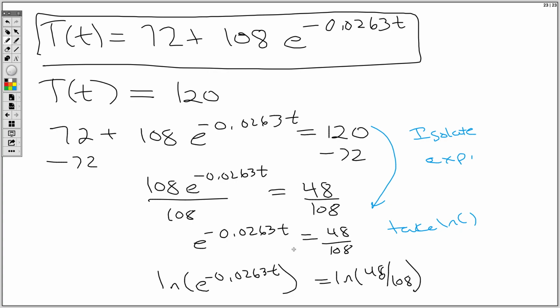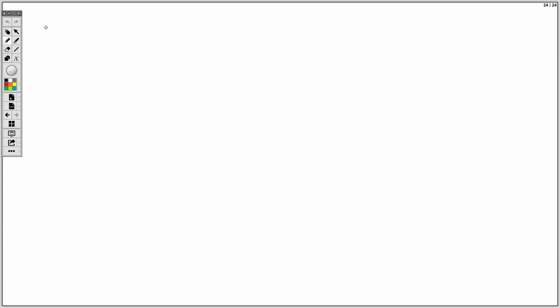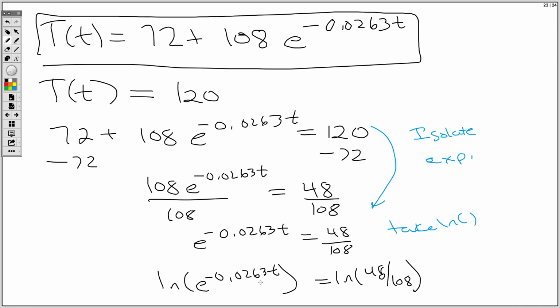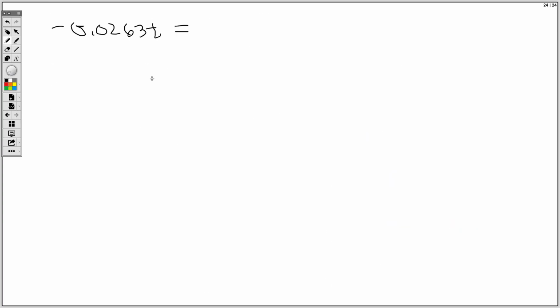Remember that the natural log and the exponential base e completely undo each other because they're inverses. And now we divide both sides.